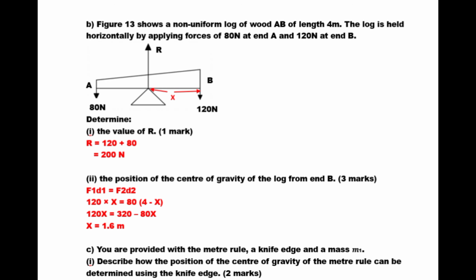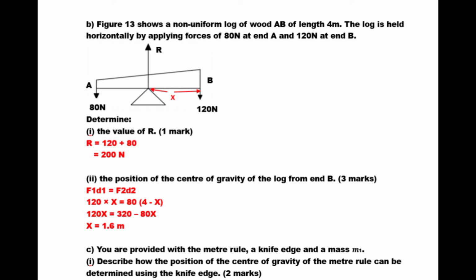Let's say the distance from 120 is X, which is the distance from side B. 120 times X equals 80 times the full length, which is 4 meters, minus X. So 120 times X equals 80 times 4 minus X. And that gives you X to be 1.6 meter.